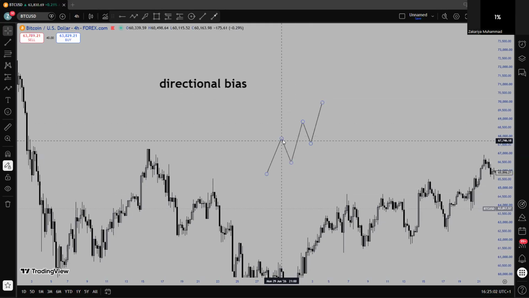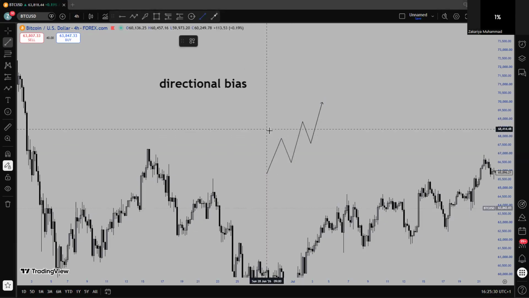I said you should wait for two consecutive breaks of structure. That would determine the overall confirmation. For you to confirm an uptrend, you should wait for two consecutive breaks of structure.